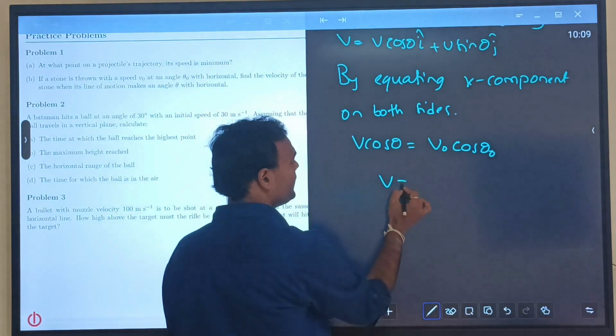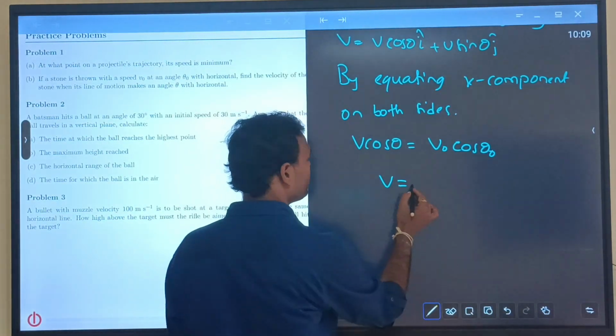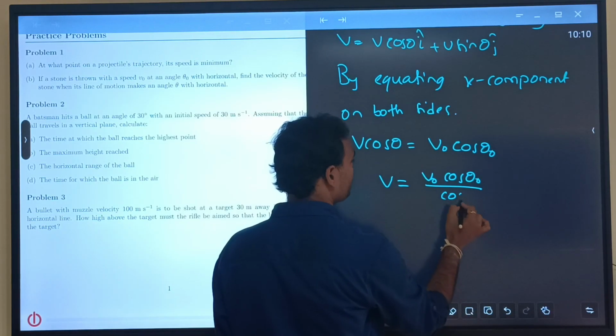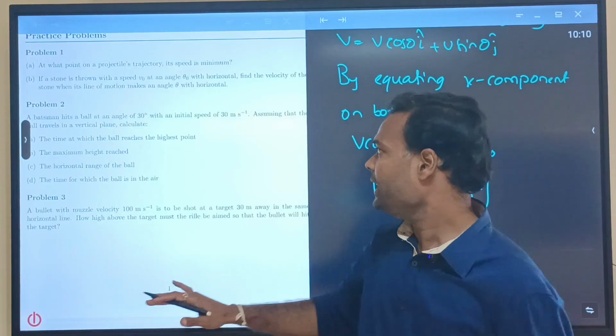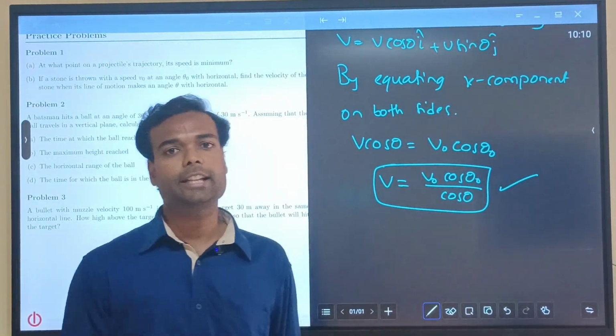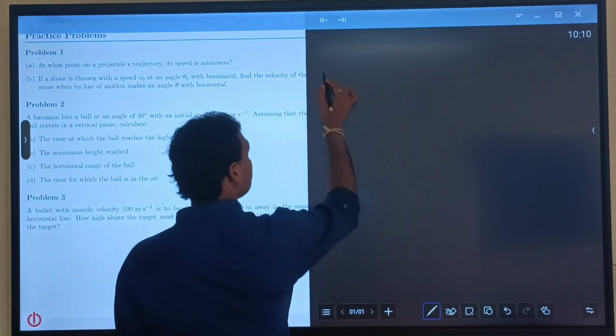So the magnitude of velocity at point P is equal to v naught cos theta naught by cos theta. This is the velocity at point P, that means where the velocity vector is making an angle theta, right? Then let us go for the second question.